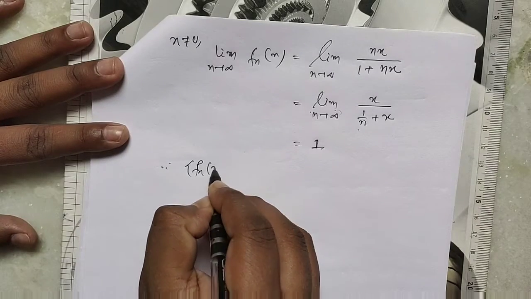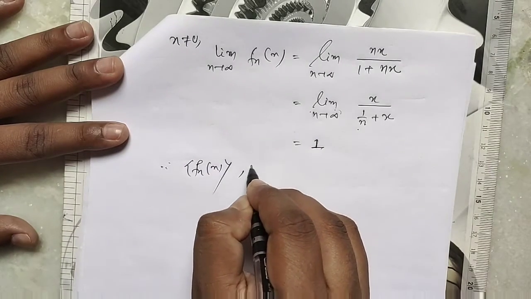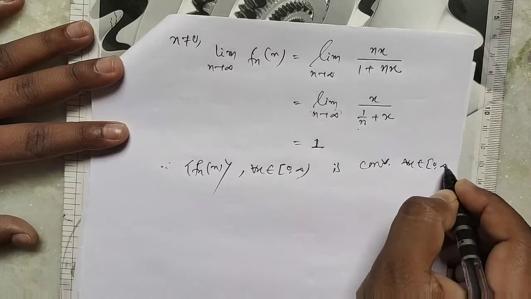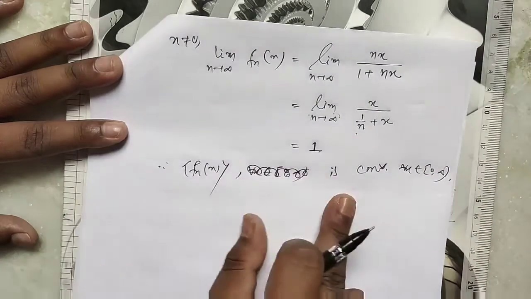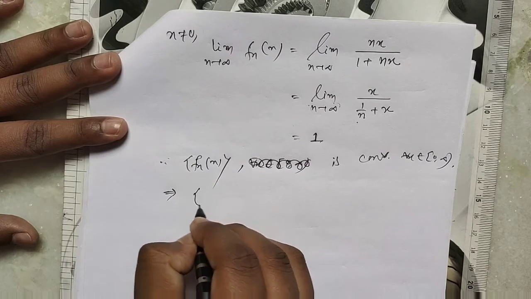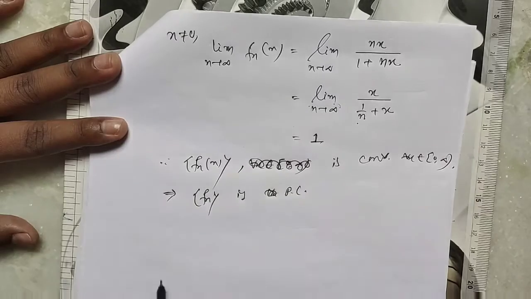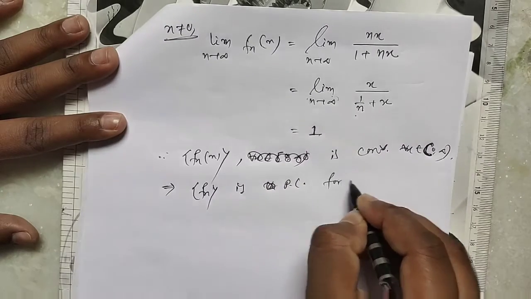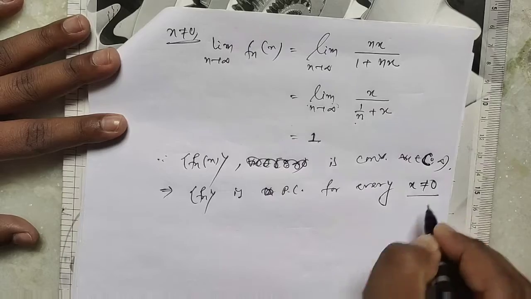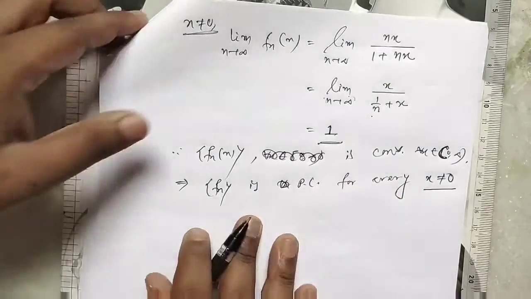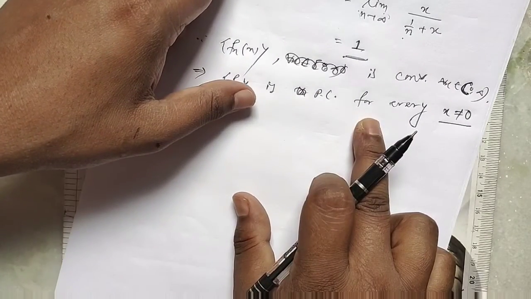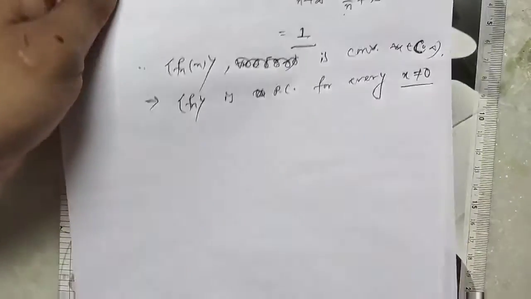So the limit exists. Therefore, the real sequence is convergent for all x not equal to 0, and therefore the sequence of functions is pointwise convergent for every x not equal to 0, and the limit function is 1.